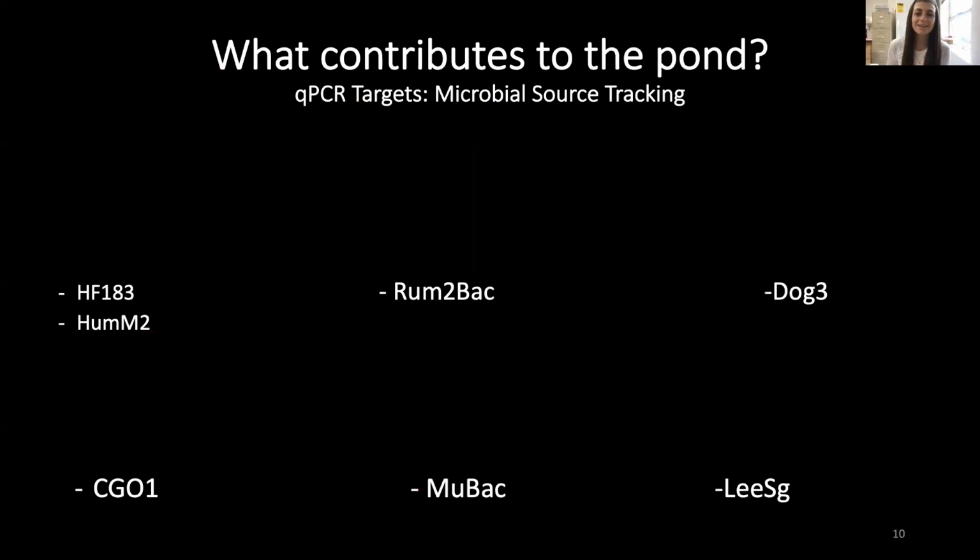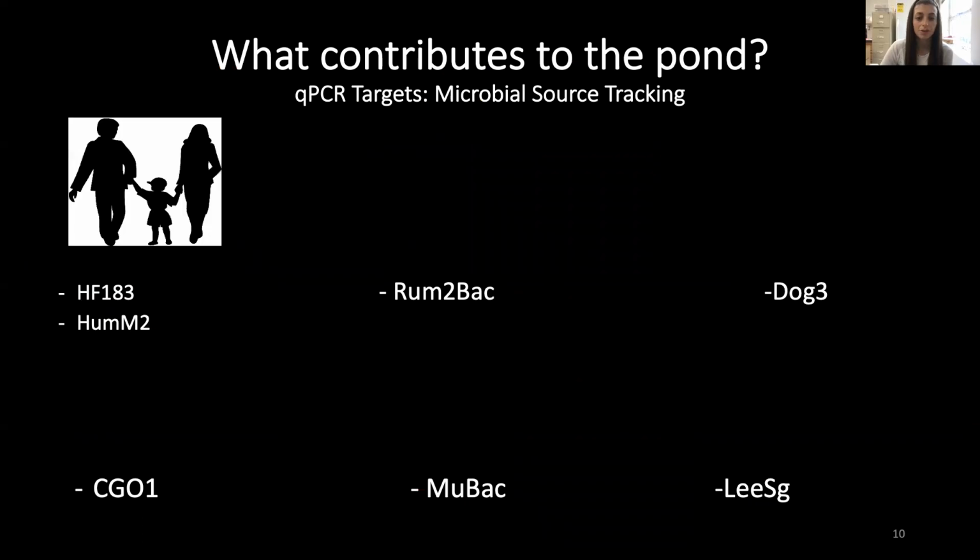And so in essence, this project has 2 stories. The first story is the story of the contributors to the pond. So what animals are in our urban environment? Well, several qPCR targets were run, which are Bacteroides-specific microbial source tracking markers.